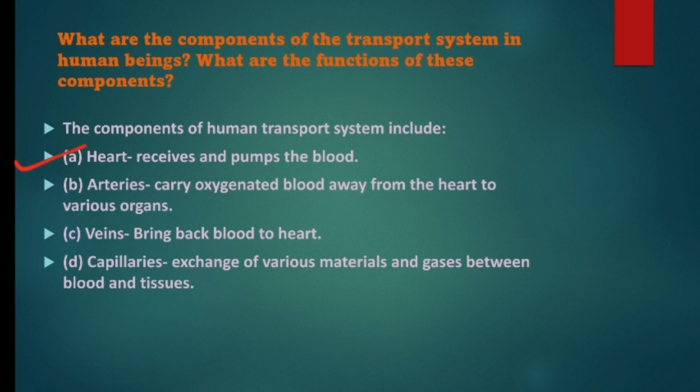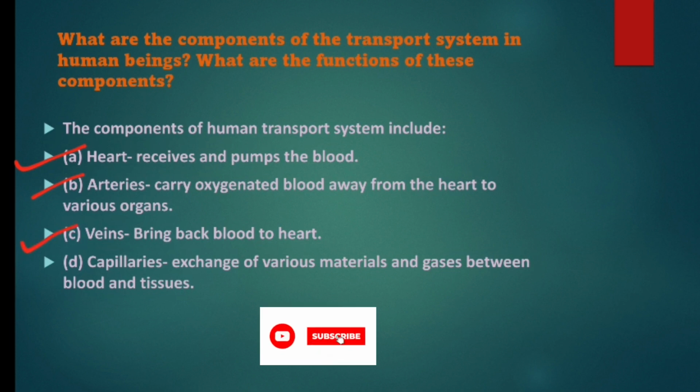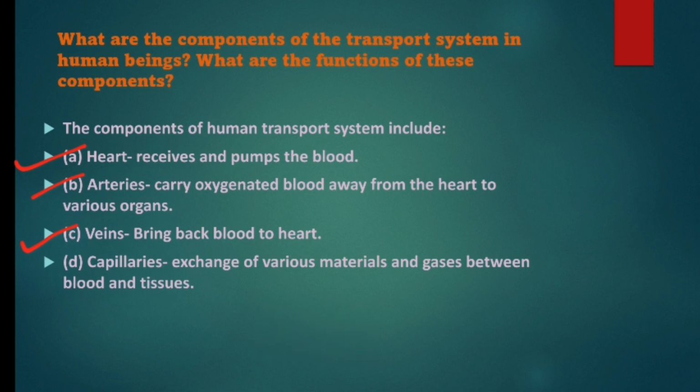You have the arteries, the vessels that carry the oxygenated blood from the heart to different parts of the body. Then you have the veins that carry deoxygenated blood from different parts of the body to the heart. And then you have the capillaries where the exchange of various materials and gases takes place between the blood and the tissue. And you can also write about the blood.